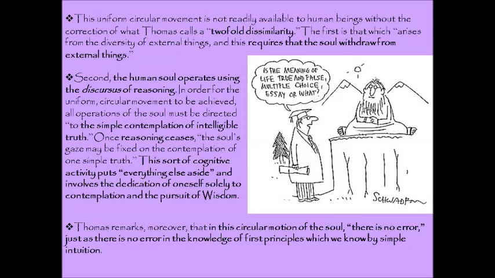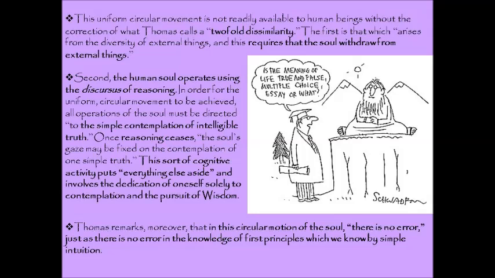This uniform circular movement is not readily available to human beings without the correction of what Thomas calls a twofold dissimilarity. The first is that which arises from the diversity of external things, and this requires that the soul withdraw from external things. Second, the human soul operates using the discursus of reasoning in order for the uniform circular movement to be achieved.